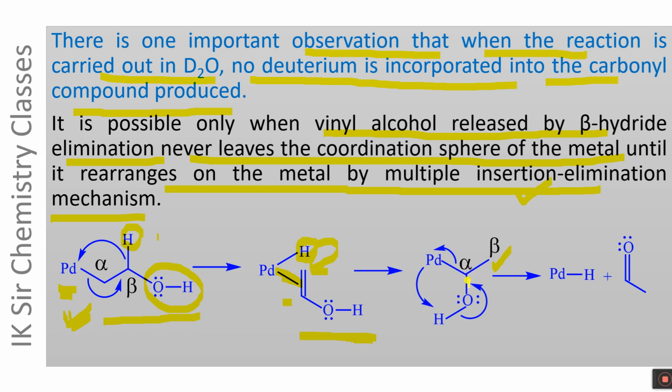It is an alpha hydroxyethyl group attached to the palladium atom, and finally this H atom is transferred to the palladium atom and the vinylic alcohol is transformed into acetaldehyde. After the formation of acetaldehyde, it leaves the coordination sphere, and therefore no hydrogen atom or deuterium atom from the reaction medium is attached to acetaldehyde.